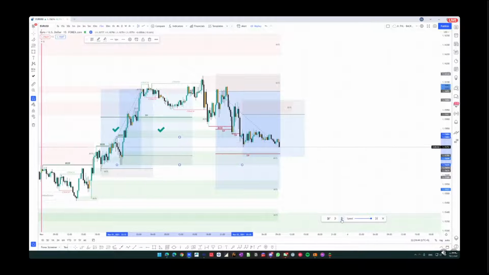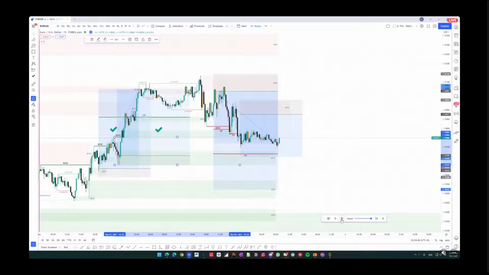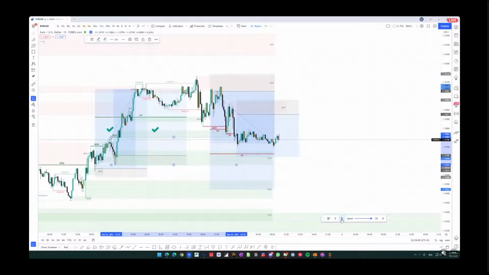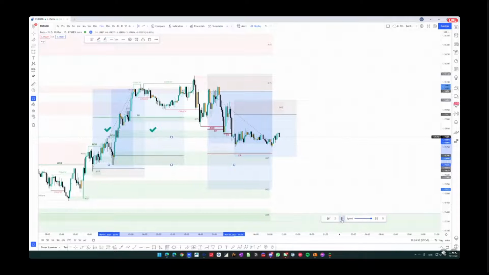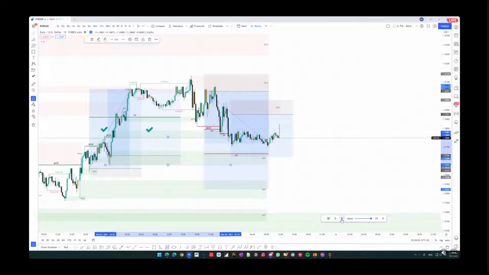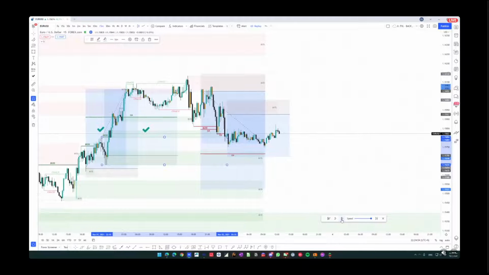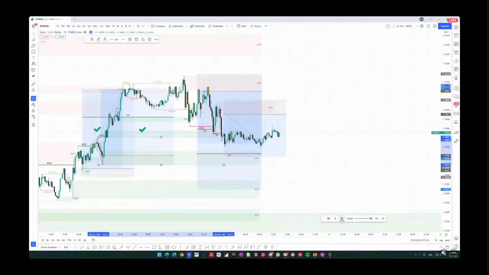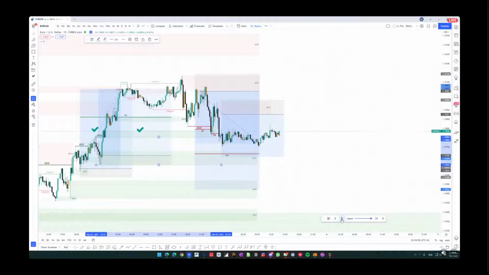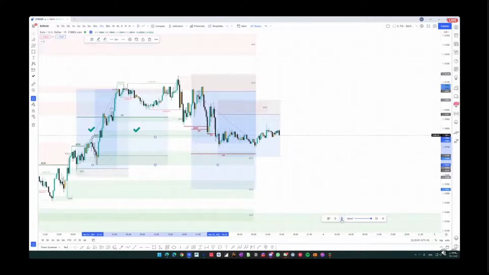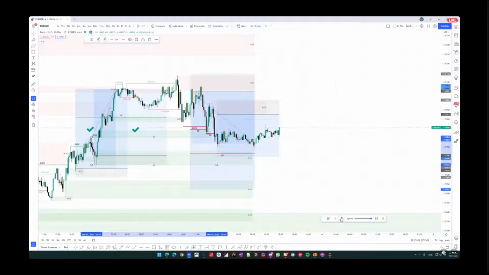Okay, so it broke the low again. You can see the little wick above, like a little chop in the range.